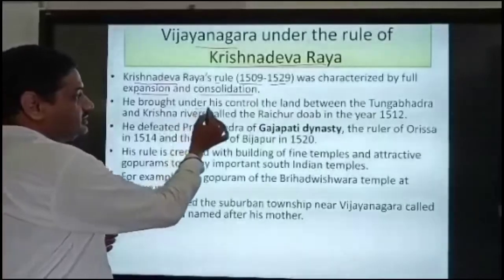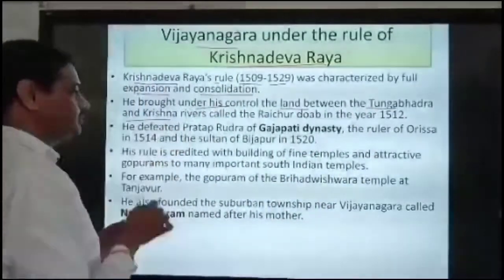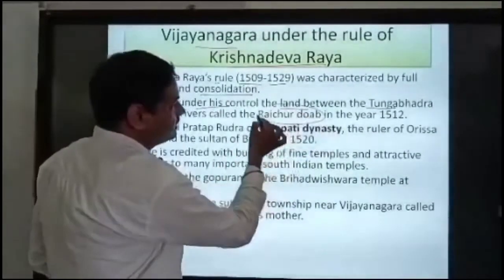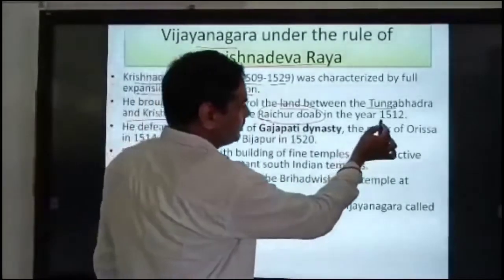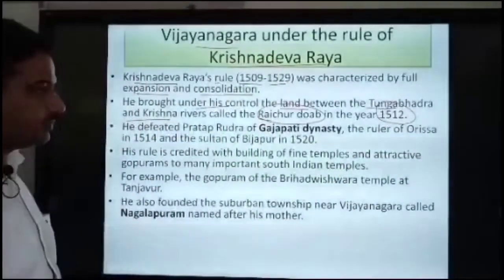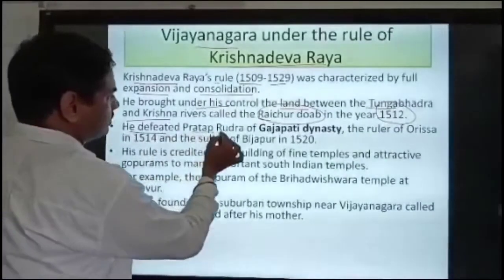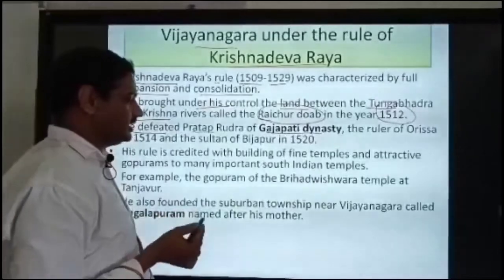He brought under his control the land between the Tungabhadra and Krishna. I told you that it used to be a fertile doab, known by the name of Raichur doab. So he brought this doab under his control in 1512 by fighting battles with the rulers of Bijapur, Golconda and the Gajapati rulers. He defeated Pratap Rudra of the Gajapati dynasty, the dynasty which used to rule in Odisha at that time.